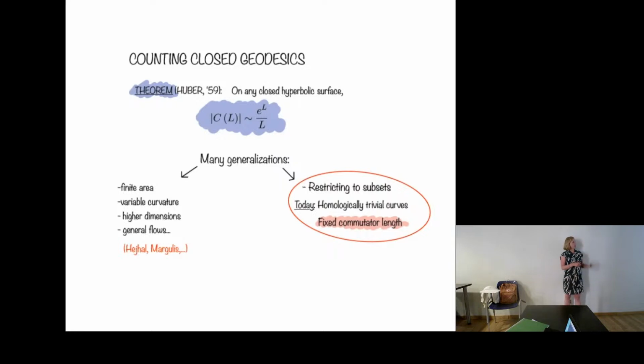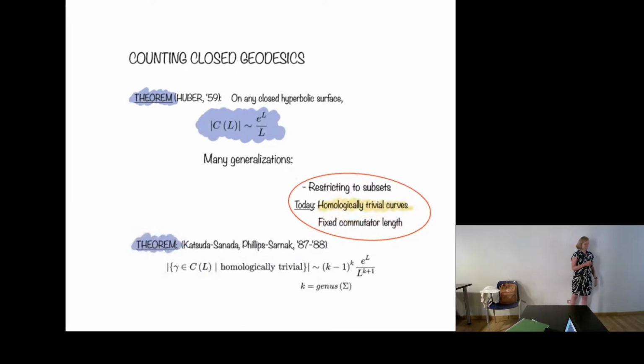But if one wants to count all closed geodesics of length at most L that are trivial in homology, this has been done independently by, last time I gave this talk, I realized that I completely mispronounced the name, and now I don't remember the right way. Katsuda? Is that it?